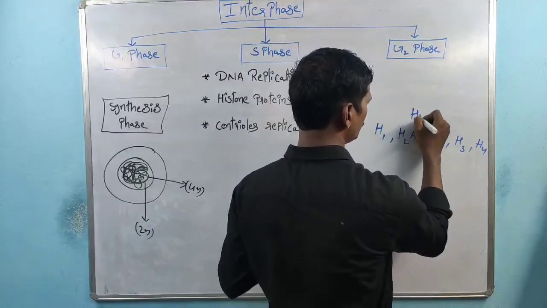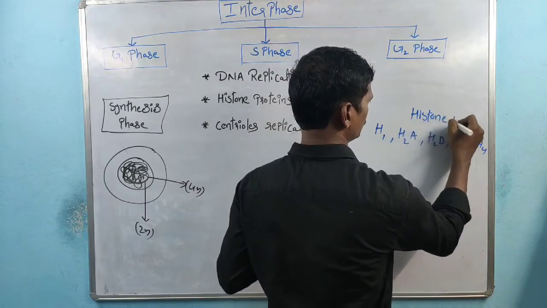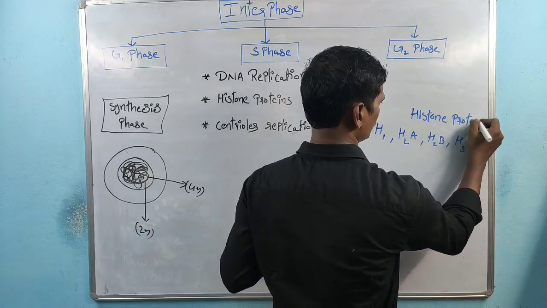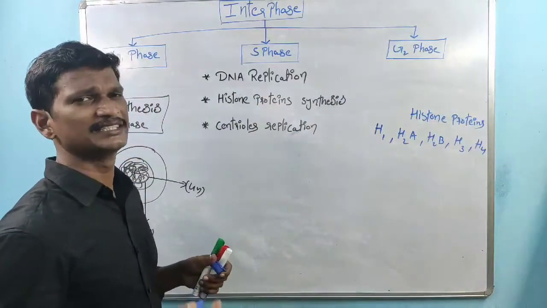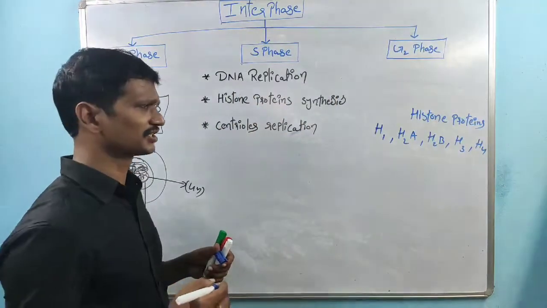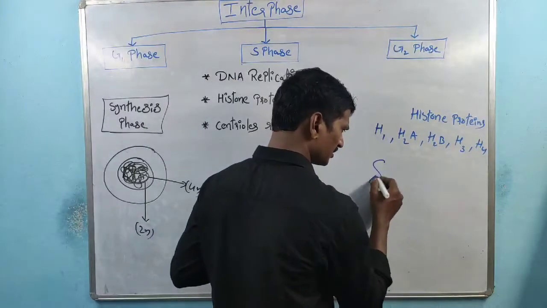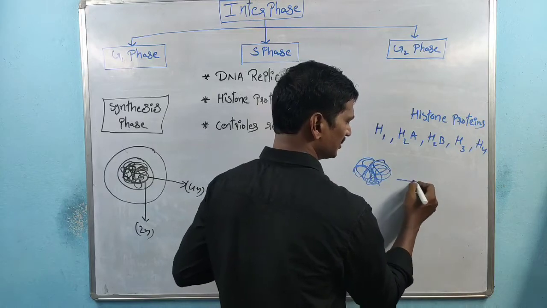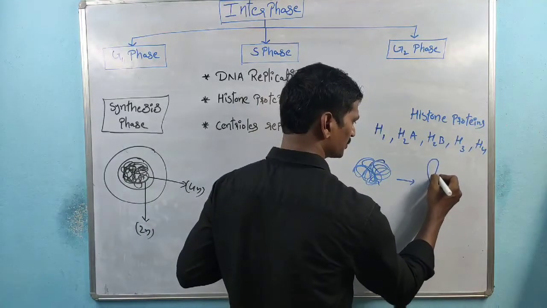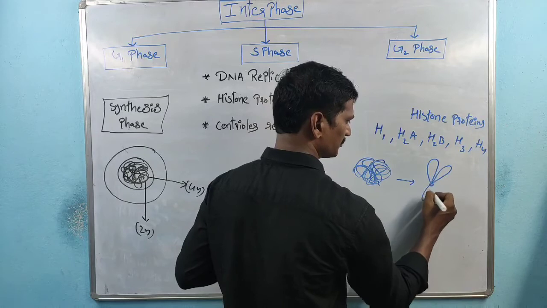These histone proteins are involved in the condensation of genetic material. That is the DNA content, which majorly forms the chromosome structure.